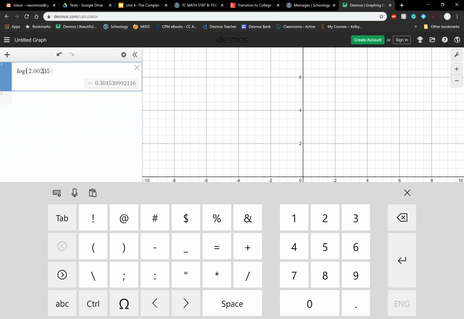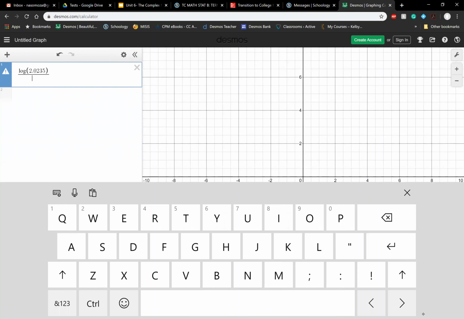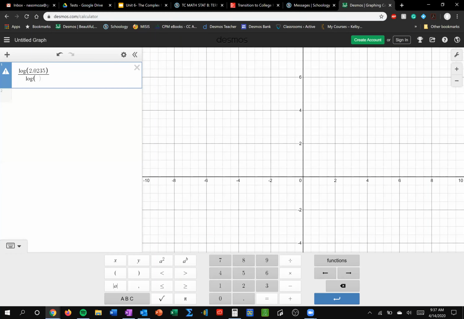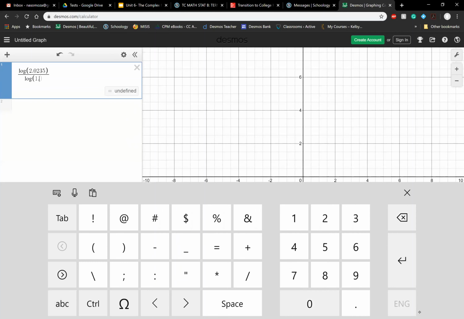Oh, too many zeros. Okay, divided by, let's go find log again, the log of 1.032. What we're getting here is 22.37.